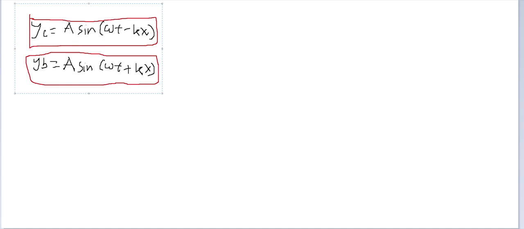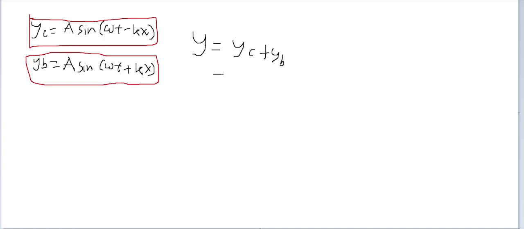From these two formulas, we can make the total displacement. If we combine them, we just add them together: y equals yc plus yb, but it is more complex than before.